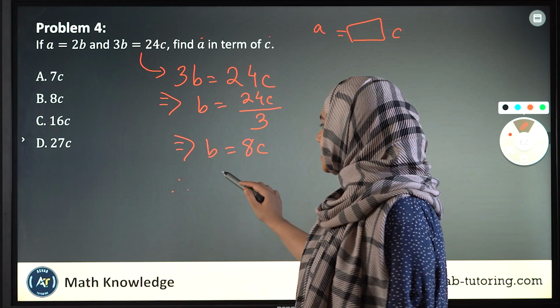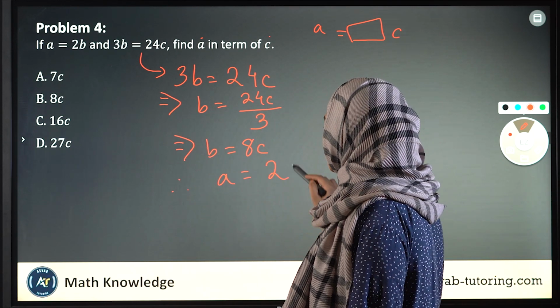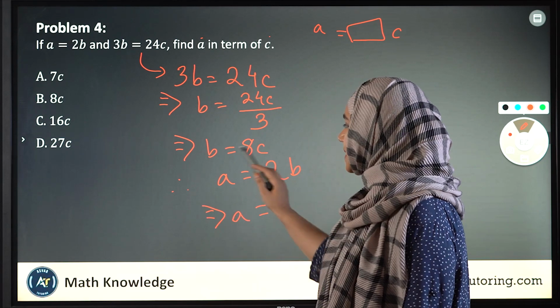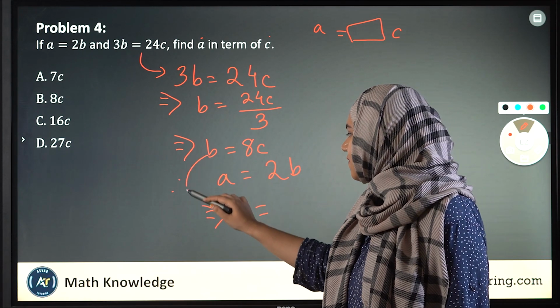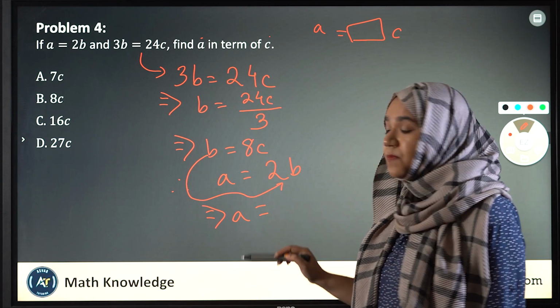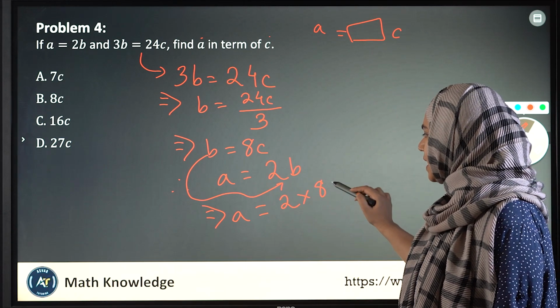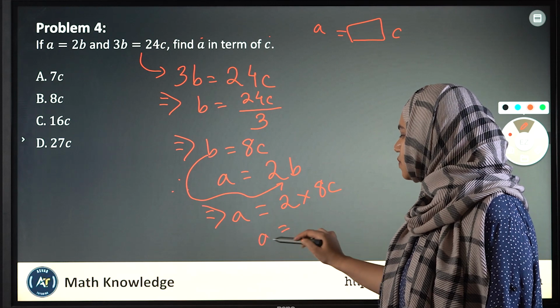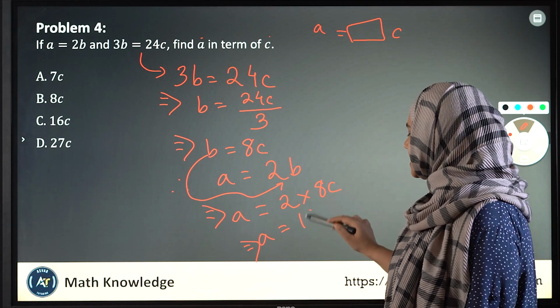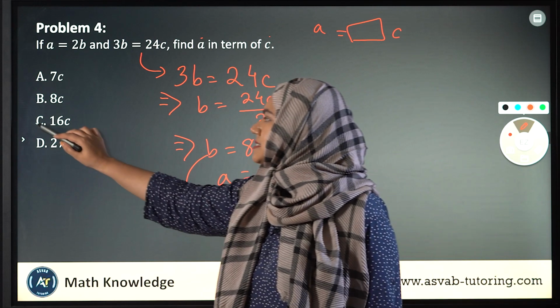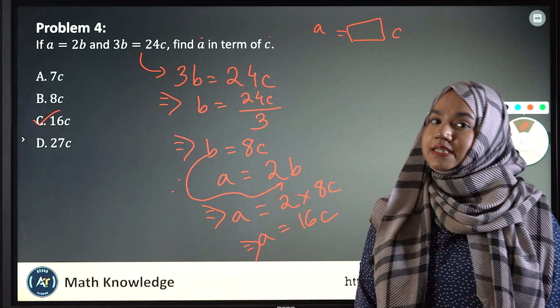However, my question says A equals 2B, right? So because we have just found out that B equals 8C, if I substitute B in this part, that is going to be 2 times 8C, right? And 2 times 8C is what? 16C. Got it? So the correct answer here is C, which is 16C.